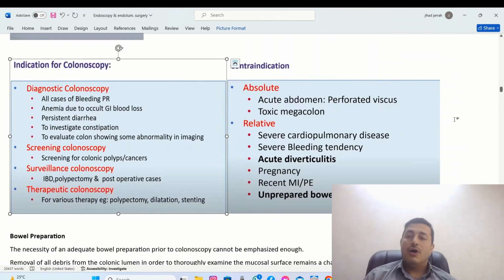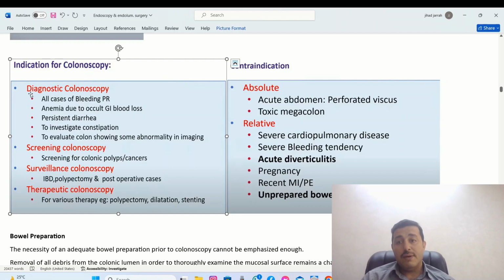About the indication of the colonoscopy, as you see in front of you, there are many. Can be diagnostic colonoscopy, for example, in cases of bleeding that is not explained by hemorrhoid or anal condition, occult anemia, especially it can be a sign of right-sided colonic tumor, persistent diarrhea, infectious colitis, to also investigate for constipation, and to evaluate any abnormality in the imaging, so we can proceed.